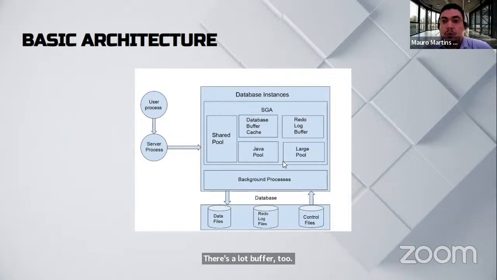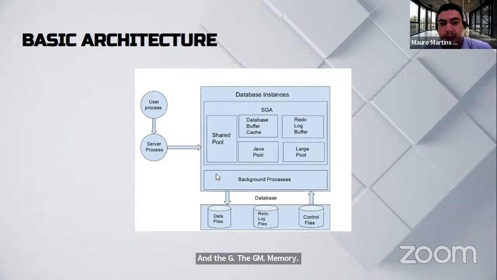The large pool is where the Oracle database stores the data when you proceed with a backup or a restore, okay? And the Java pool: inside the Oracle database architecture, there is a Java virtual machine. You can run Java code inside the Oracle database, and the JVM memory is the Java pool.